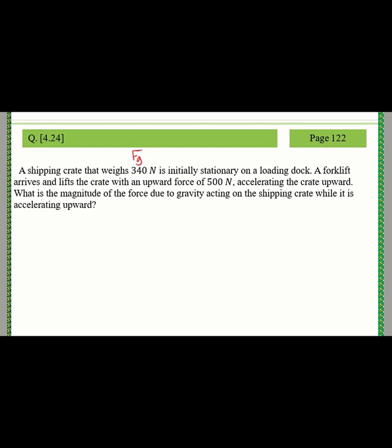A forklift arrives and lifts the crate with an upward force of 500 newtons. This is Fa, the applied force, accelerating the crate upward. What is the magnitude of the force due to gravity? The force due to gravity is the weight.